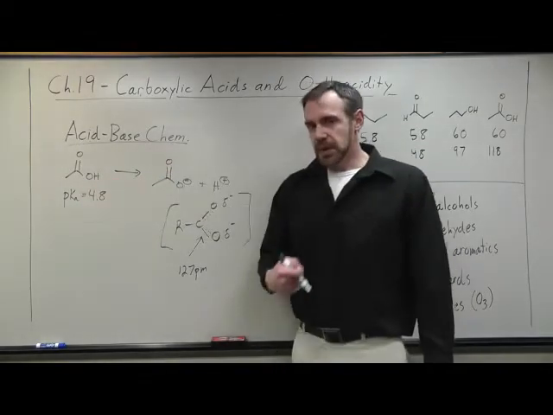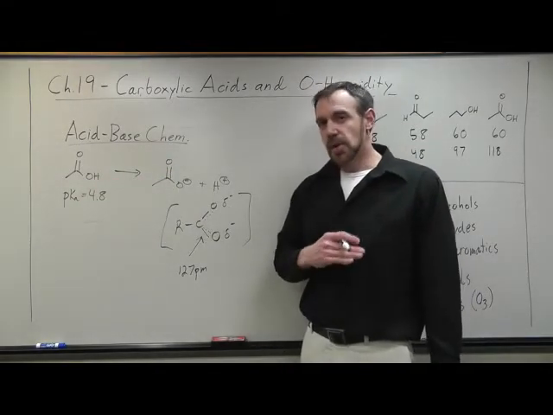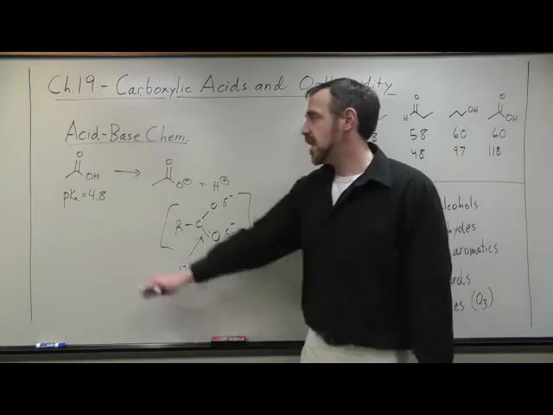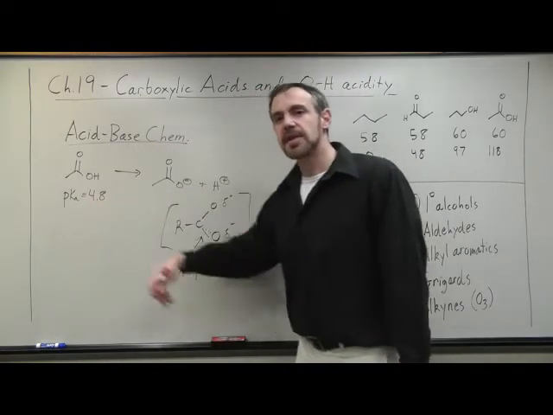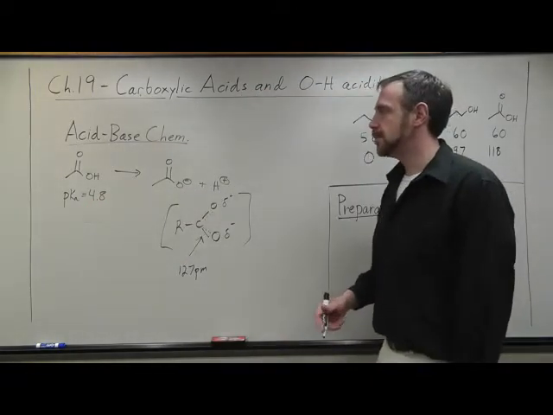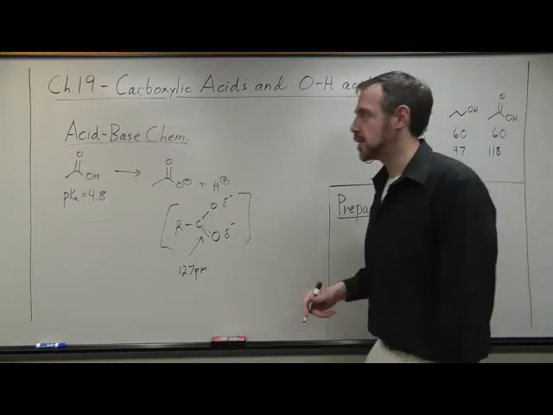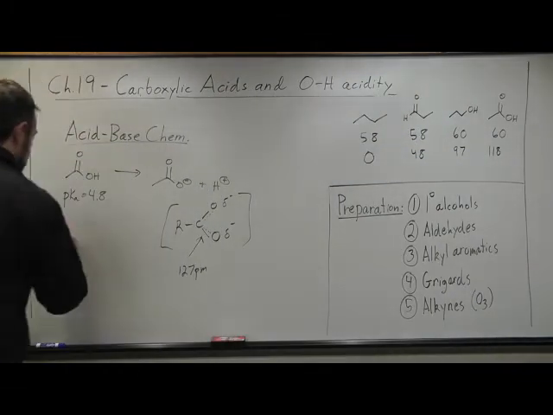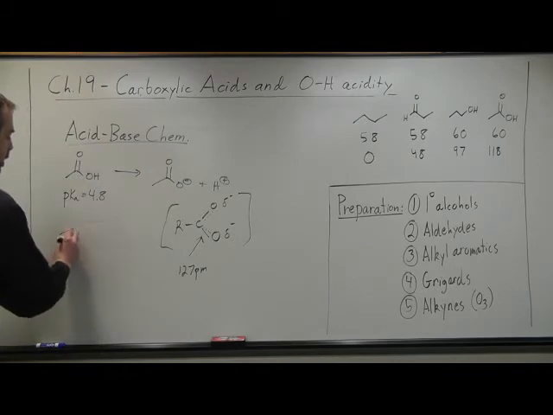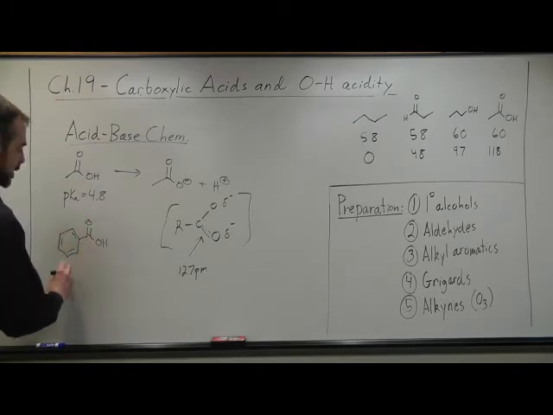Acetic acid is your typical carboxylic acid. Normal carboxylic acids have a pKa of close to 5, a very acidic organic functional group. And aromatic carboxylic acids are in the same ballpark.